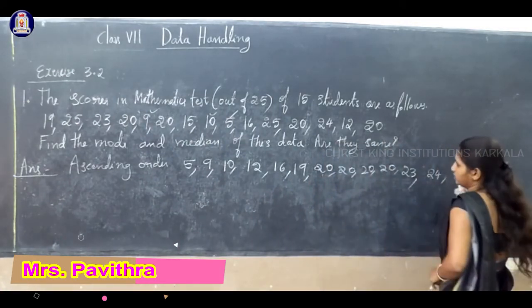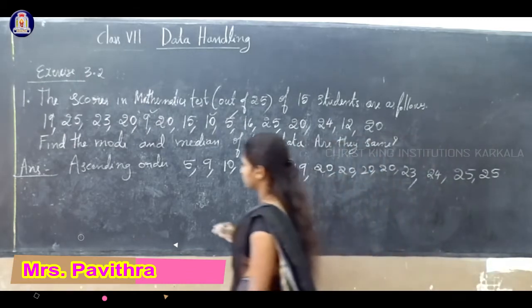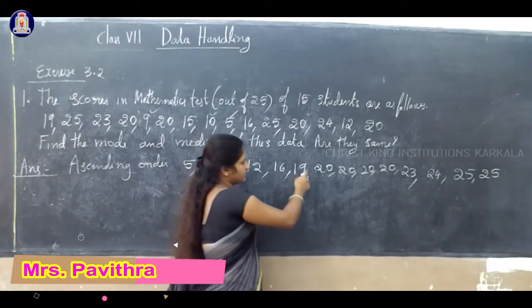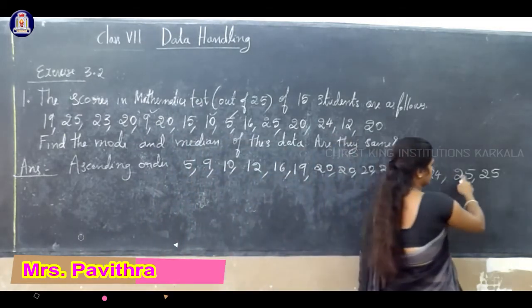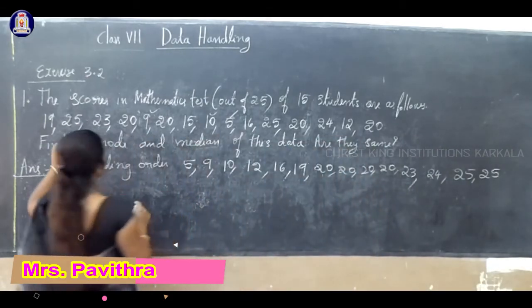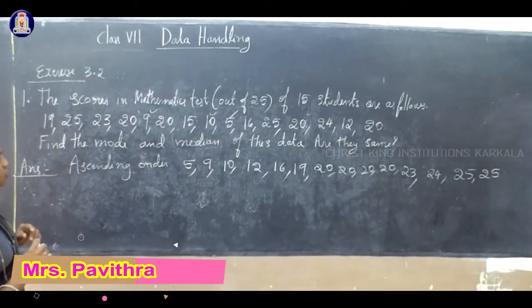They said there are 15 students. Now you can count: 1, 2, 3, up to 14. So one number is missed. Let us check: 25 is repeated only 2 times, 5 and 9 are once, then 10, 12 is one time, 16 is only one time, then 19.